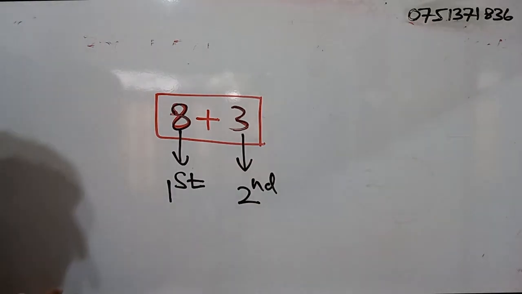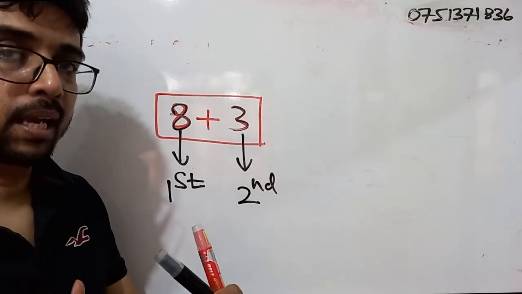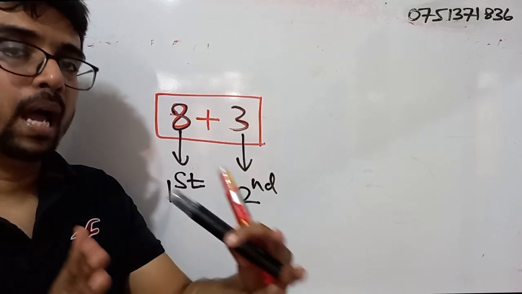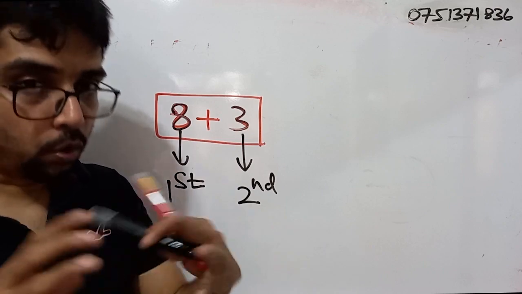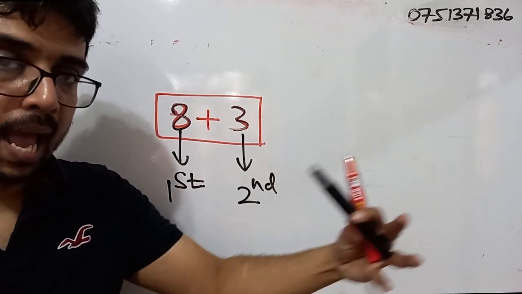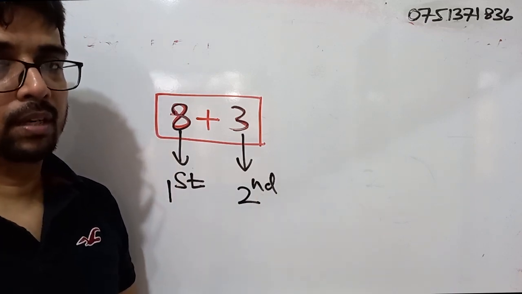So when we talk about expressions, you have to understand whether it is a numerical expression or an algebraic expression. Most of the time, expressions are made up of either adding or subtracting algebraic terms, right?